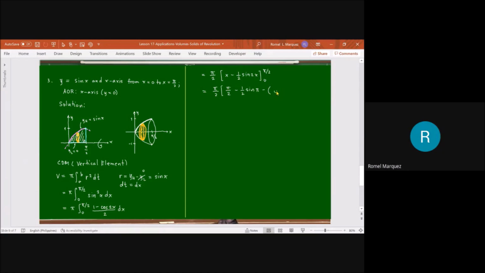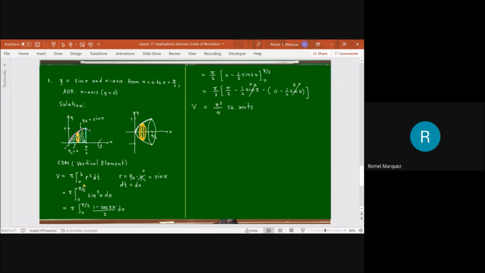So that is 0 minus 1/2 of sine 0. But sine pi is equal to 0, and sine 0 is also 0, giving pi squared over 4. So this is the volume of this solid generated by revolving this region about the x-axis: pi squared over 4 cubic units.